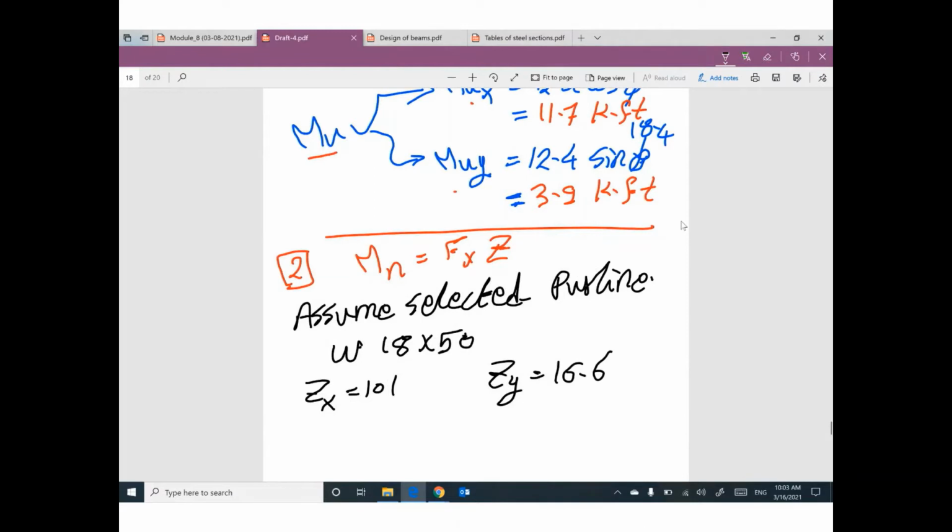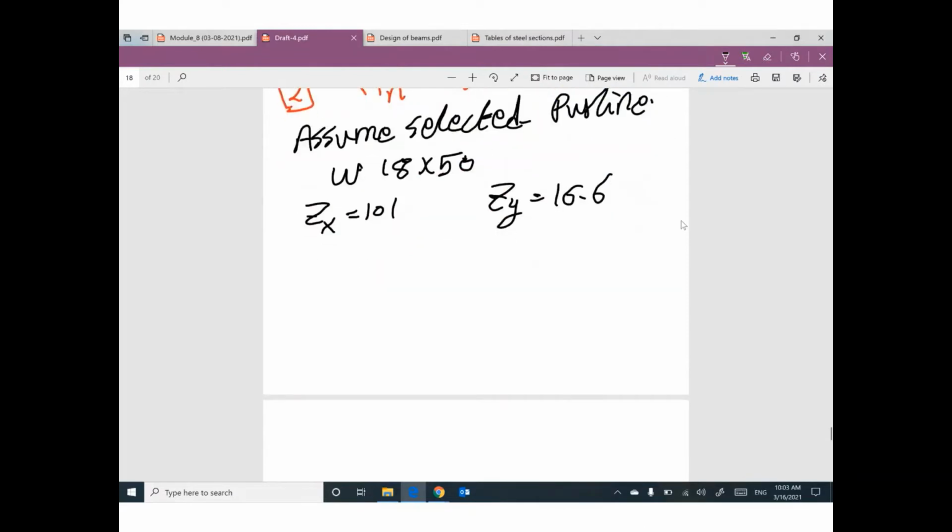Okay, that's good. If you would like to get phi Mnx, phi is 0.9. To get Mnx, multiply F yield times Zx. So 0.9 times 36 times Zx 101.